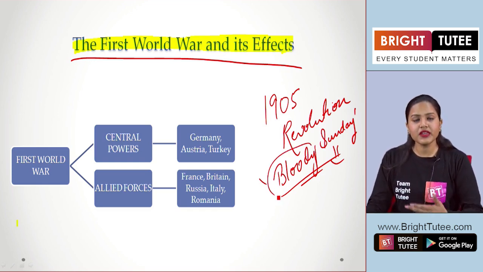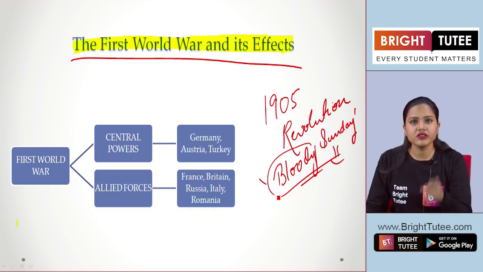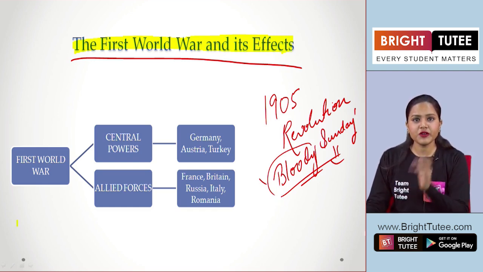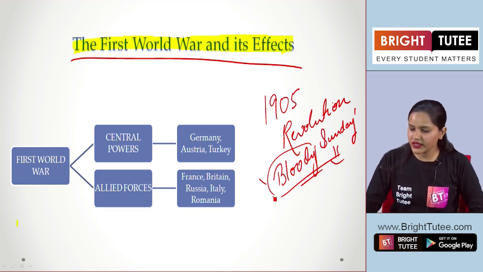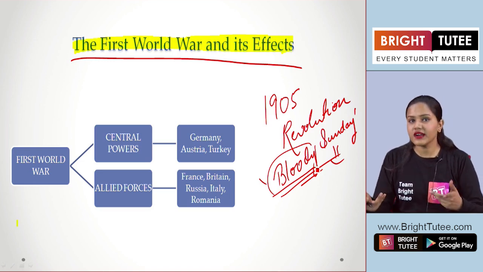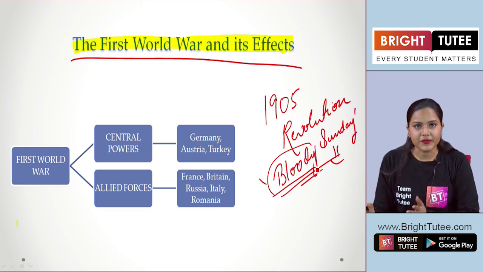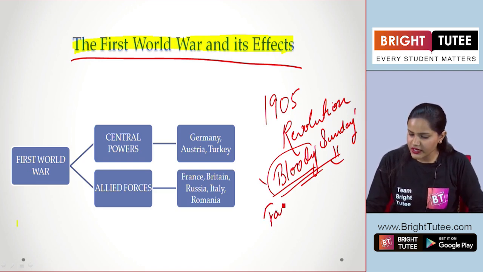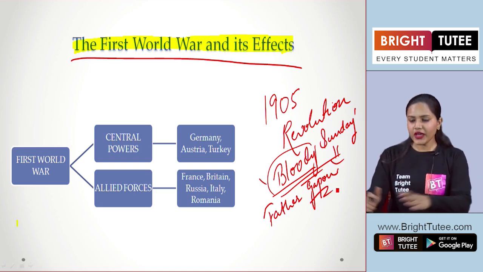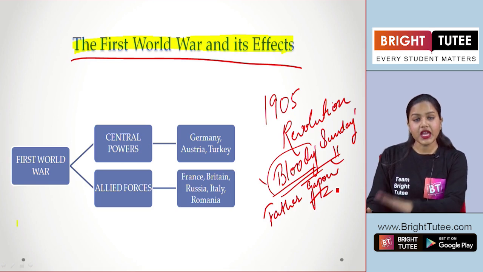Because the policemen attacked the group of workers who were marching towards the Winter Palace with a petition in their hand to question the Tsar. Who was the Tsar then? Nicholas II. And under whose leadership? Under the leadership of Father Gapon. Now we have learned all these points.